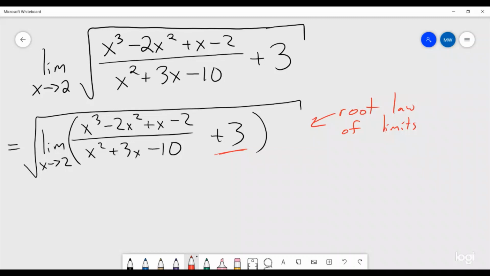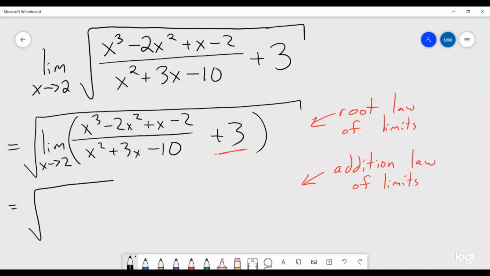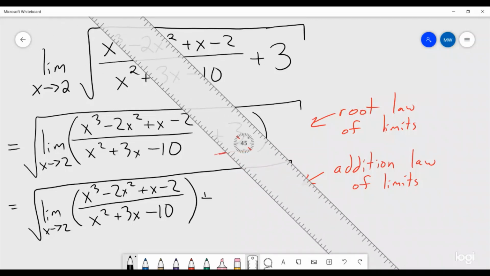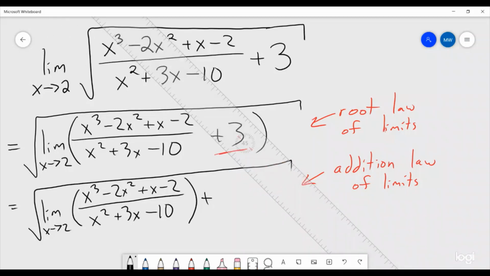So let's try and break that piece off so then we can just deal with our 0 over 0 limit. This is where we use the addition law of limits. So this is where we are able to get this to be equal to the square root of the limit as x goes to 2 of x cubed minus 2x squared plus x minus 2 all over x squared plus 3x minus 10, plus the limit as x goes to 2 of 3.